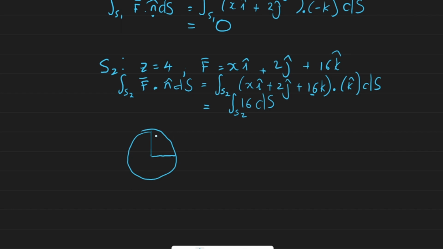So the surface area of this portion is just pi r squared, and the radius of the circle is 2. We're given that in the problem. So r is 2, and we have 4 pi. And since it's a quarter of a circle, we have to divide it by 4. So the area is just pi.